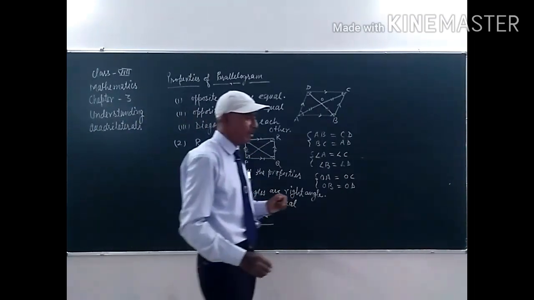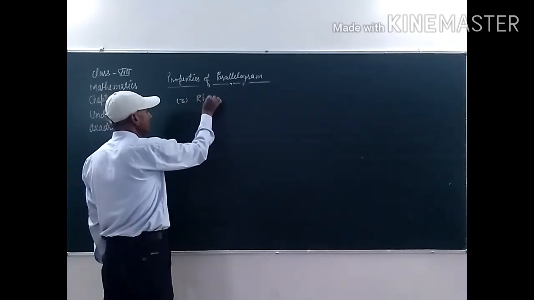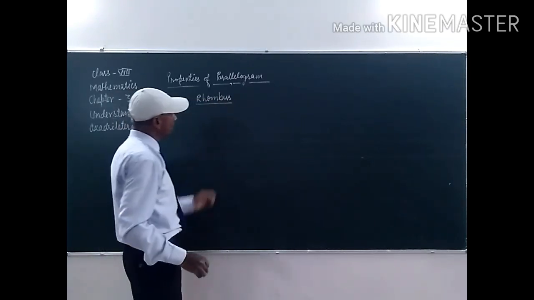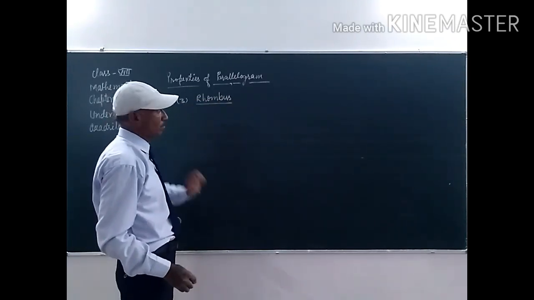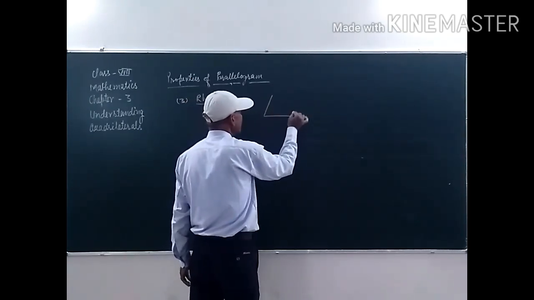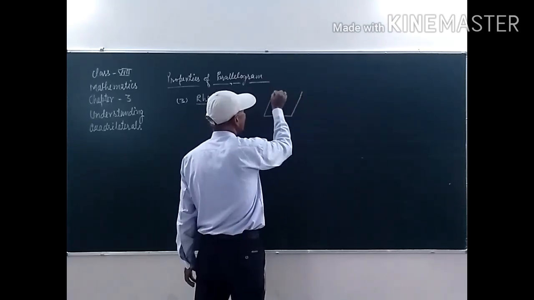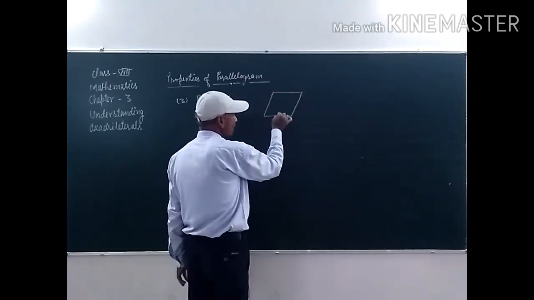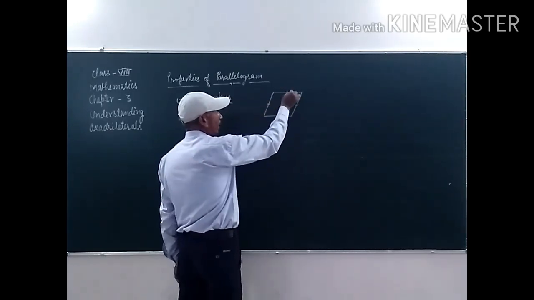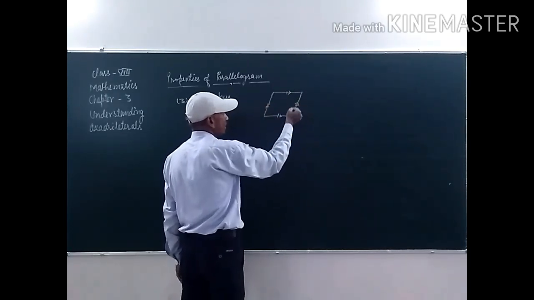Now we will discuss the third figure, that is rhombus, student. A rhombus is also a parallelogram, student. So this is a rhombus. In a rhombus, all sides are equal, and this is parallel to this.